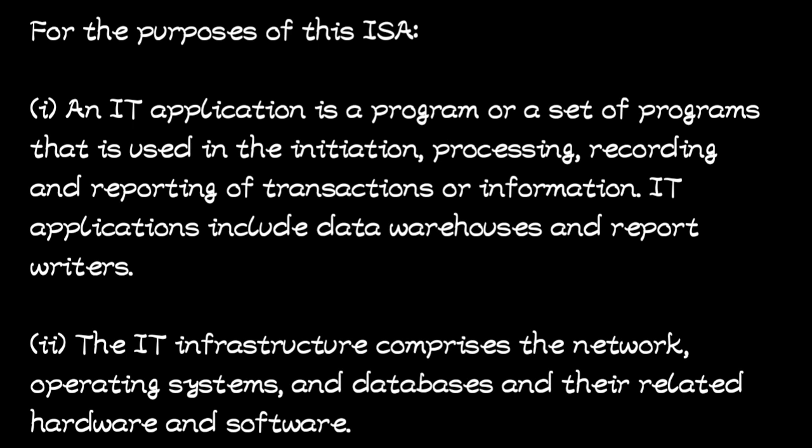That is an IT application or a program. Then IT infrastructure comprises the network, the operating systems and databases, and their related hardware and software. For example, in order for MobSep to operate, it must be connected to the internet. So the internet is the infrastructure in that case.